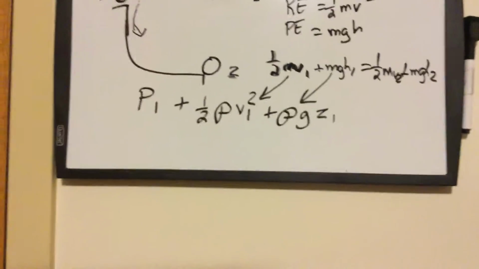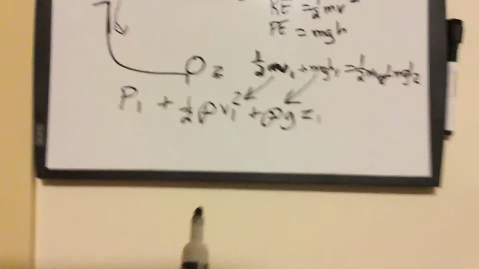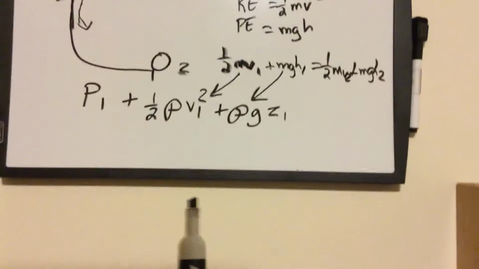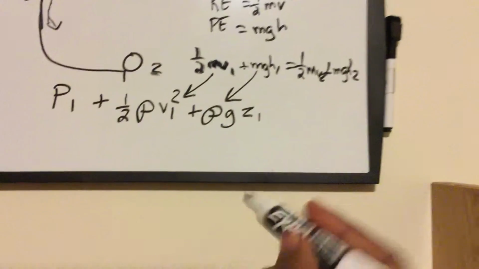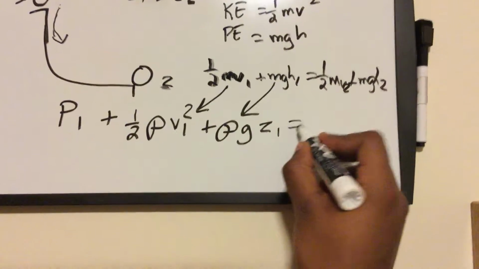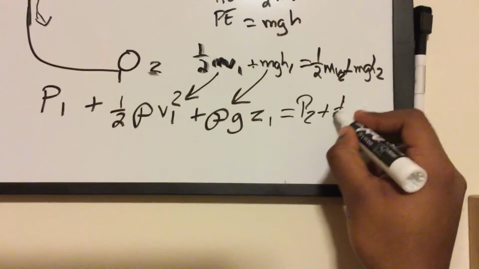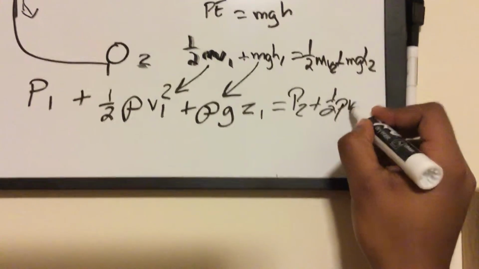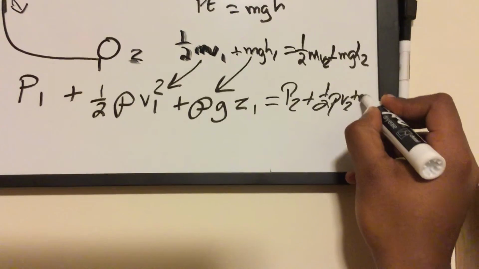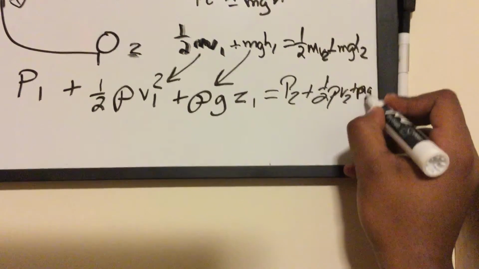So the pressure of state 1 plus the kinetic energy of state 1 plus the potential energy of state 1 is equal to the pressure of state 2 plus the kinetic energy of state 2 plus the potential energy at state 2.